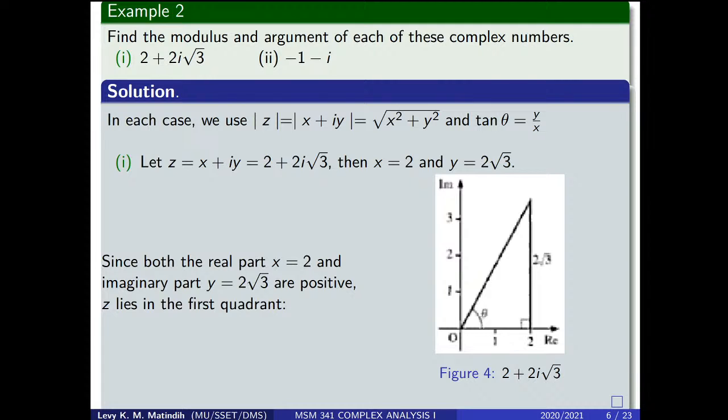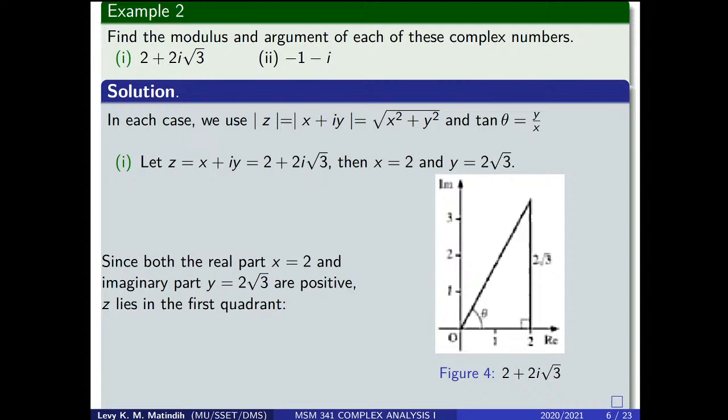So the first one, Roman numeral 1, is 2 plus 2i times the square root of 3. When you're finding the modulus, that's not an issue. You can just find it from there.